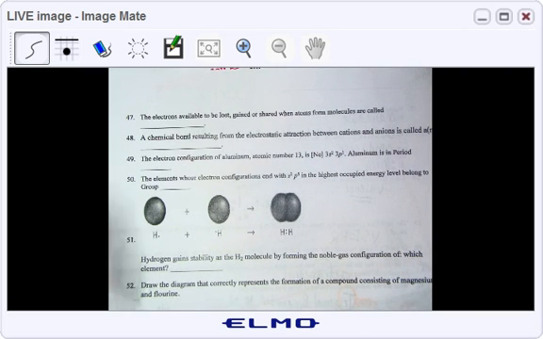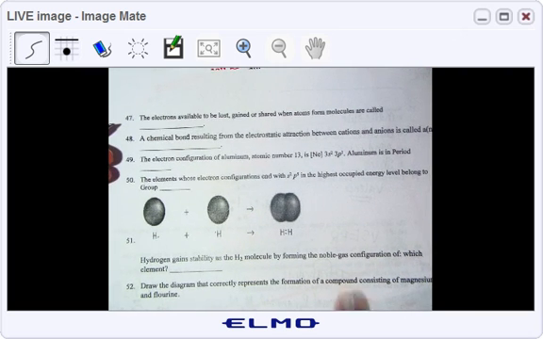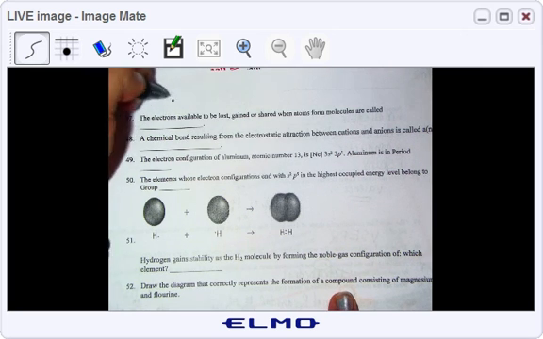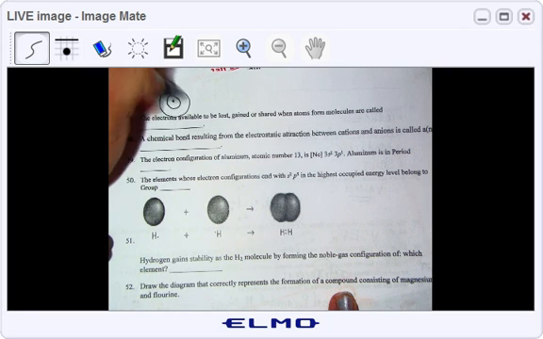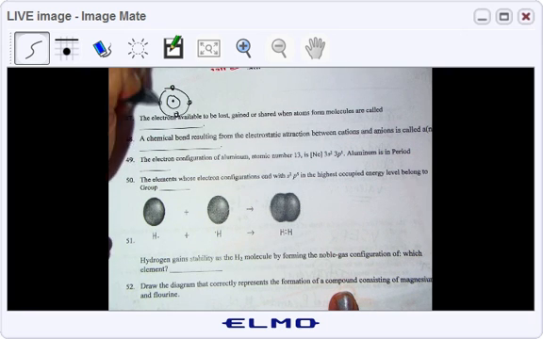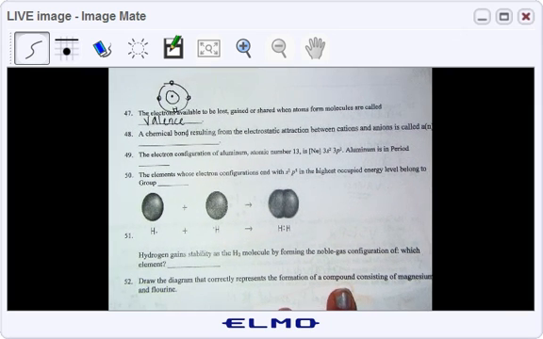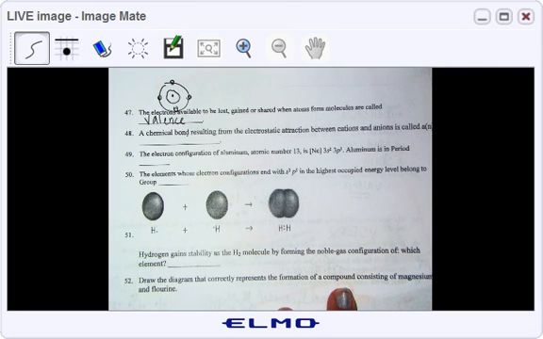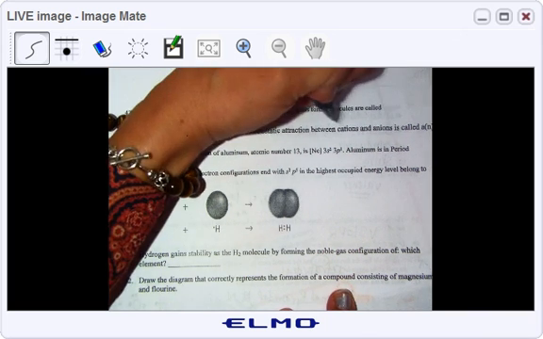The electrons available to be lost, gained, or shared when atoms form molecules are called what? What are the outermost electrons called? Valence. Good job. A chemical bond resulting from the attraction between a cation and an anion is called what? Is a cation positive or negative? Positive.